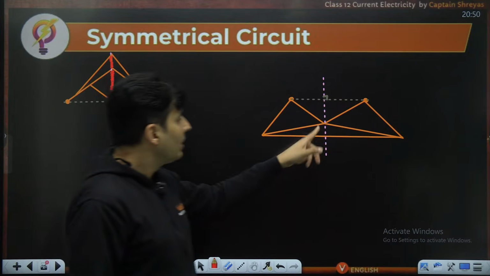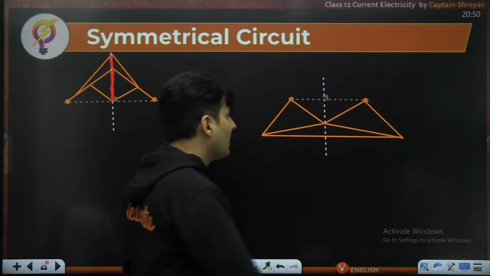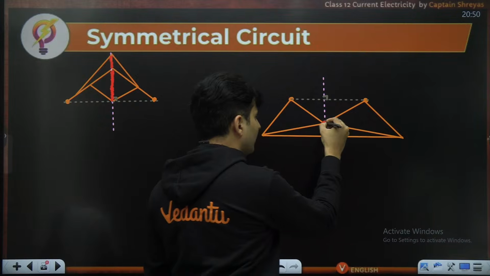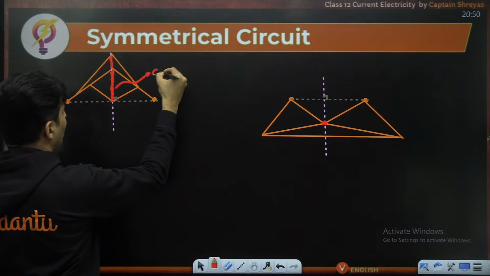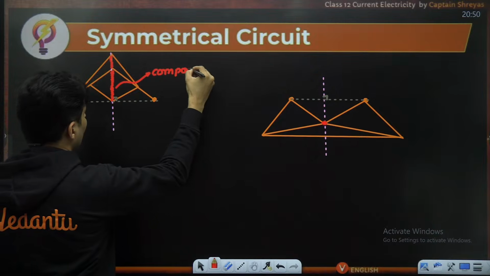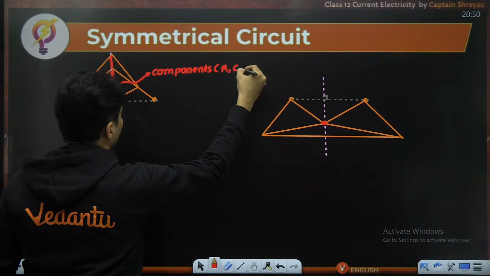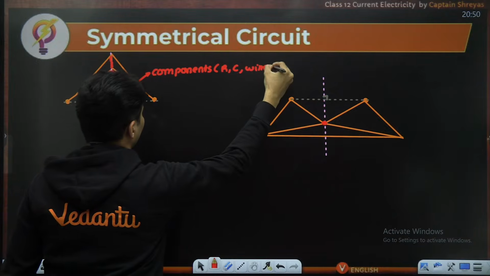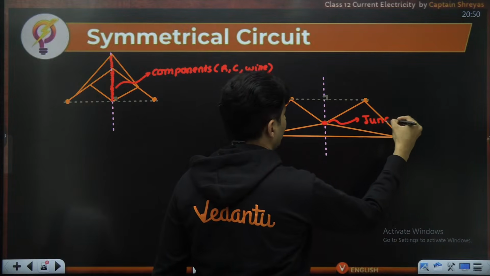Here, I do not see any component on the line of symmetry. Instead, I see a junction. So here there are some kind of components, either resistor, capacitor, or maybe a wire. Here, what we have is a junction.